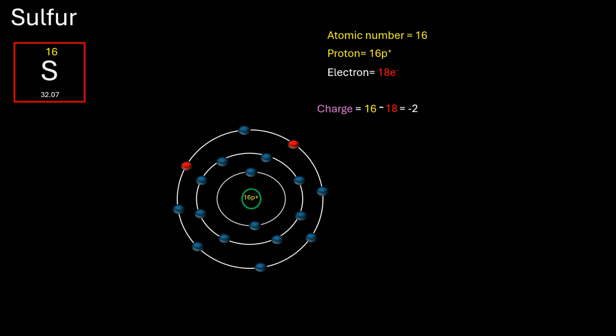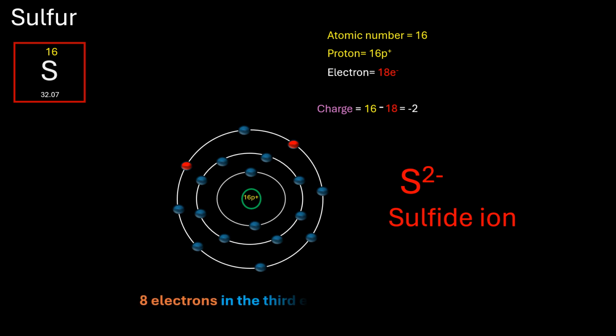Why? Because it gained 2 electrons. So now it's called the sulfide ion, as you can see, with a -2 charge. It fulfills the octet rule by getting those 2 electrons. It now has 8 electrons in the third energy level, so it fulfills the octet rule.